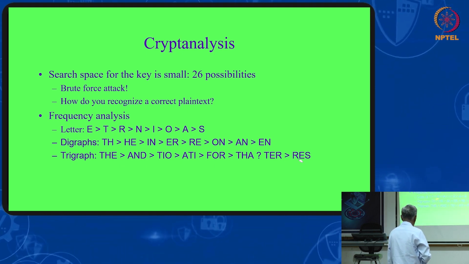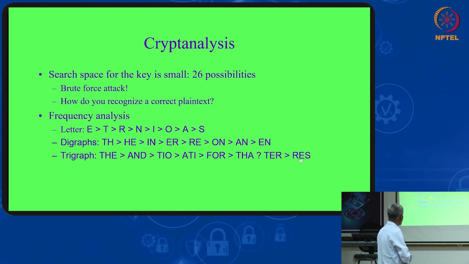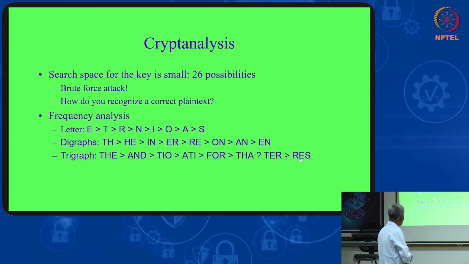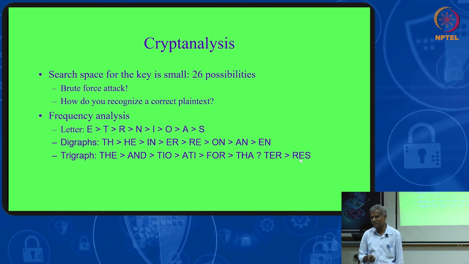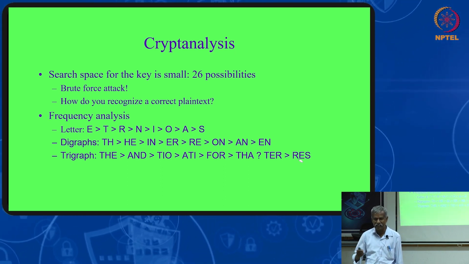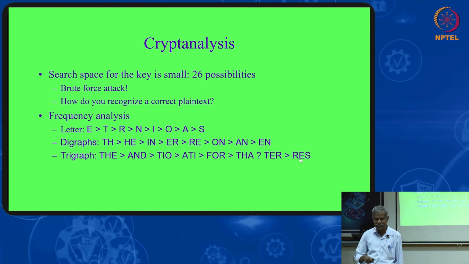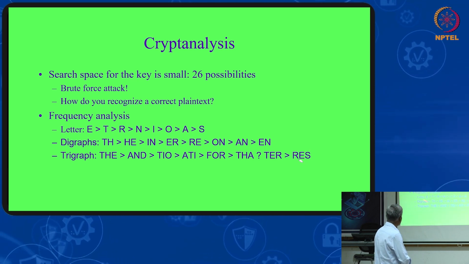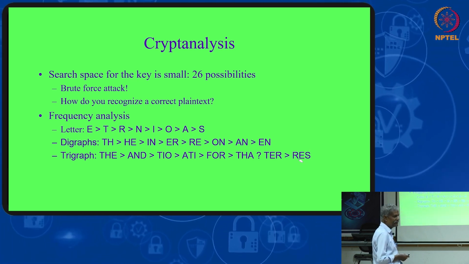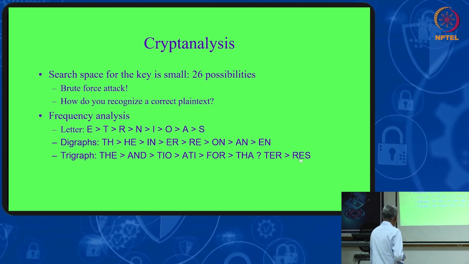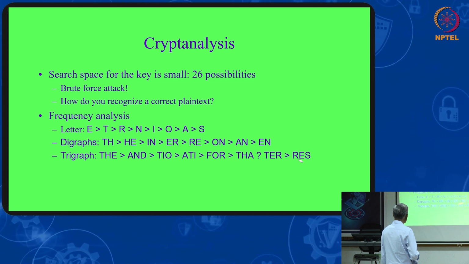What kit it is? He is doing a frequency analysis in English. Which letter is coming the most number of times is E, then T, R. The frequency of occurrence of English letters in a paragraph or in a document, if you search, E is occurring more number of times. After that, T, this is the combination. Then digraph means taking two letters, TH is appearing more number of times, HE, IN, like that.